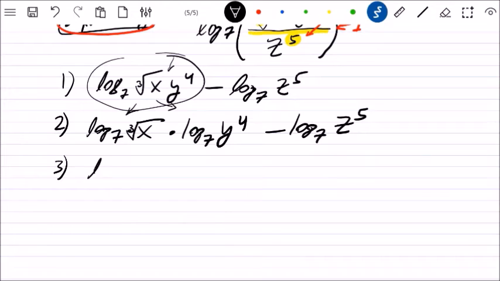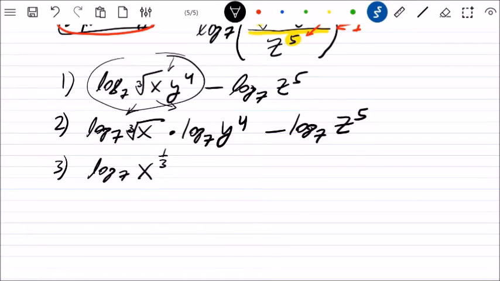So third, I'm going to do log base 7 of x to the 1/3 power. Remember that a cube root is a 1/3 exponent power, right? Remember your lessons in the past on roots, that you can make them fractions like that.